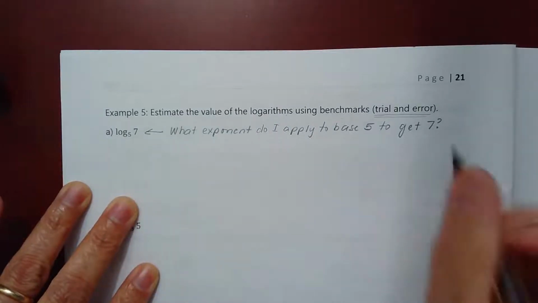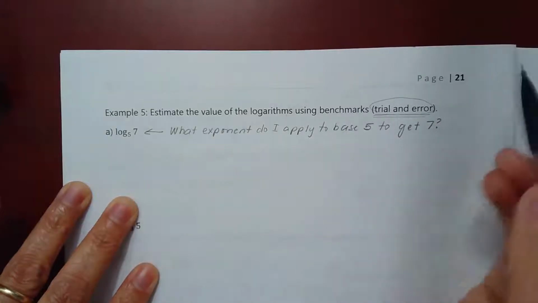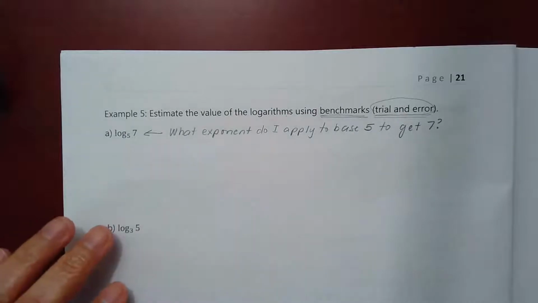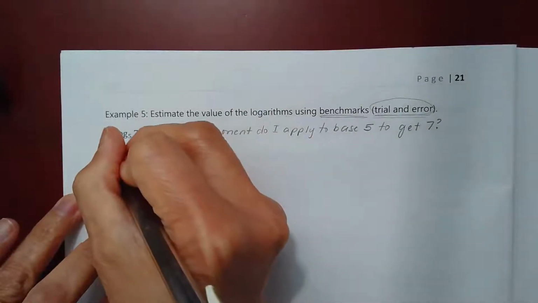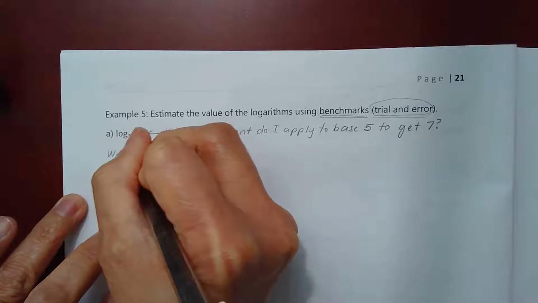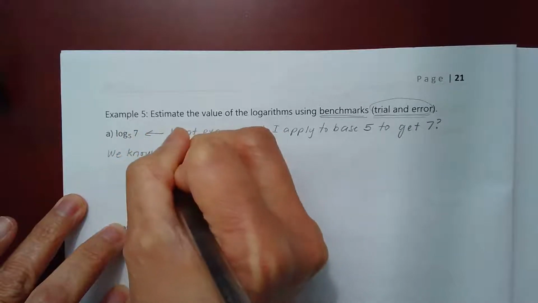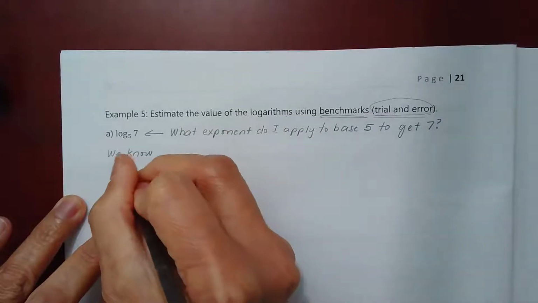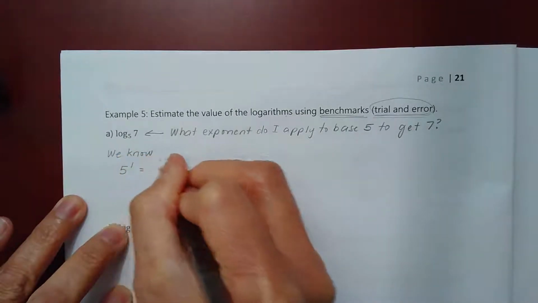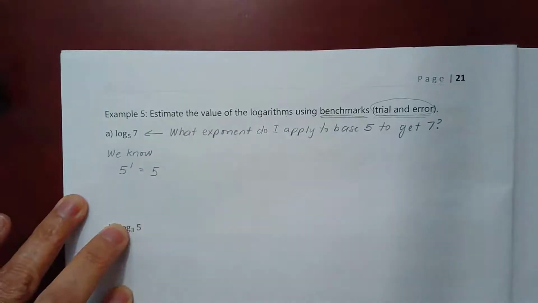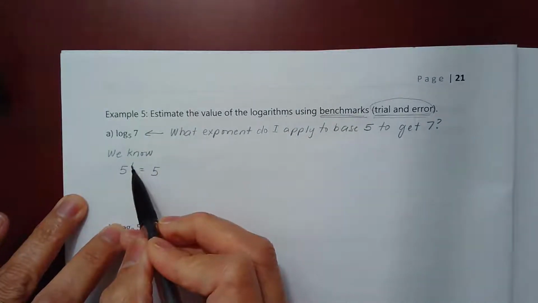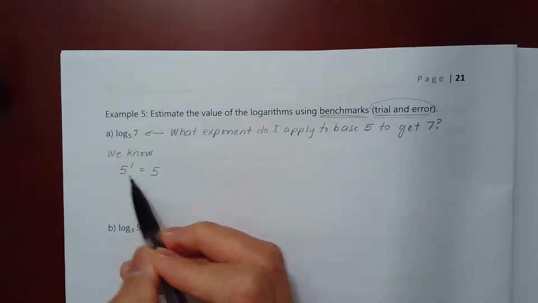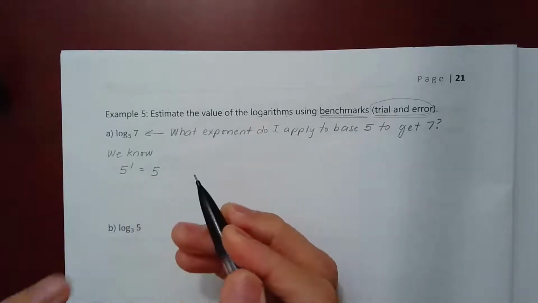It says here, we're going to use trial and error and then using benchmarks. So a benchmark is something that we already know. So what do we know? We know that 5 to the 1 will give us 5, so the exponent of base 5 to get 5 will be 1.